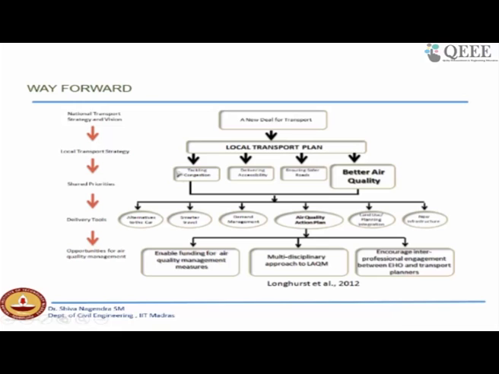In the traffic plan or local transport plan, we never discussed better air quality. So maybe we should bring in some information on how air quality can be included in transport policies. In order to do that, you should look for alternatives to the car.